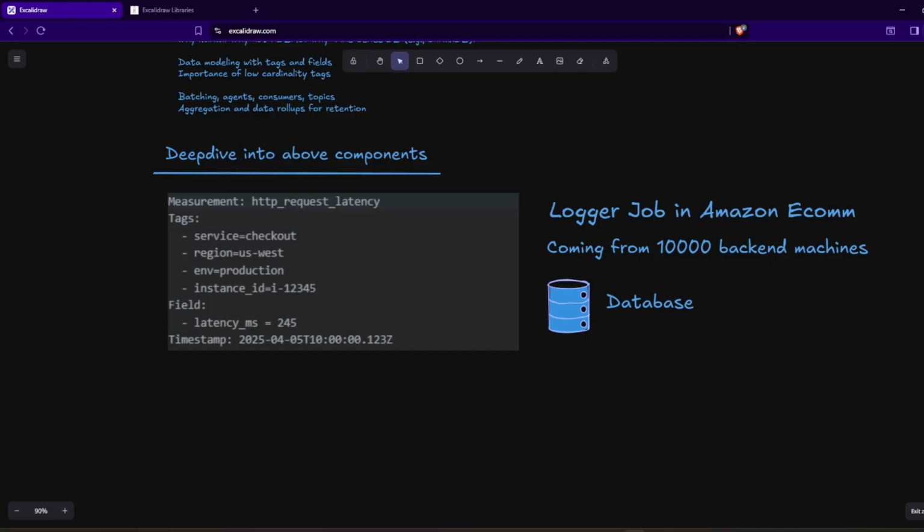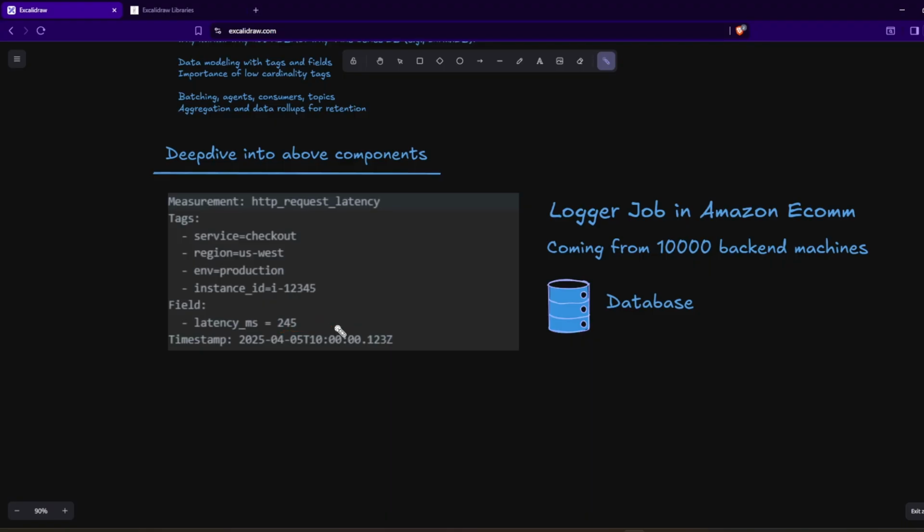If we just see this particular data, what it tells us is that in this given timestamp, the checkout service, you can see the name of the endpoint for the time being, in the west region, and for production, from this particular instance ID of 12345, it is taking 245 milliseconds.